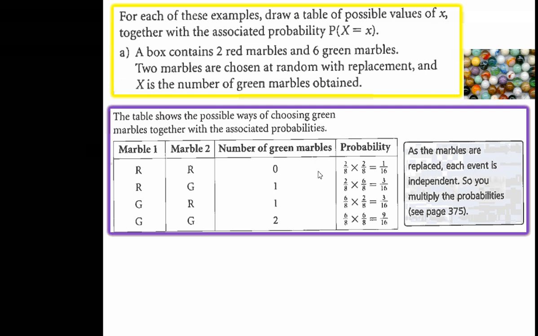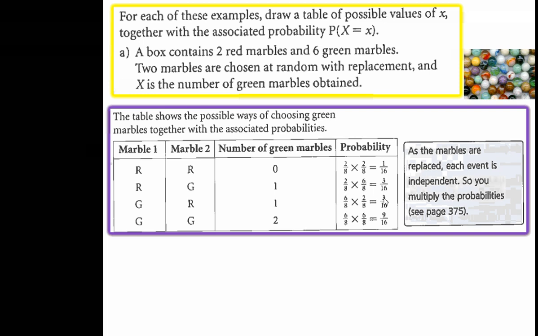Work out the probabilities of each of those. The probability of a red followed by a red is 2/8 times 2/8, so 1/16, because there were 2 red marbles, and it's with replacement, so the denominator doesn't drop. Red green is 2/8 times 6/8, you multiply and get 12/64. 2 times 6 is 12, 8 times 8 is 64.